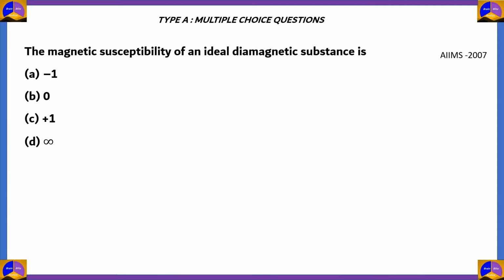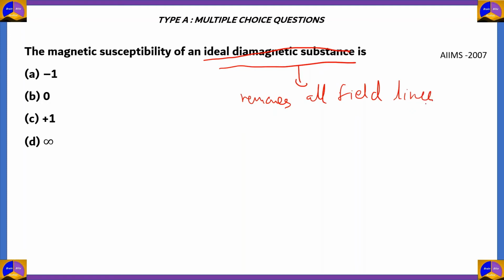Next question. The magnetic susceptibility of an ideal diamagnetic substance is -1, 0, +1, infinity. Now, what is an ideal diamagnetic substance? An ideal diamagnetic substance is a substance which removes all magnetic field lines induced by an external magnetic field inside it.